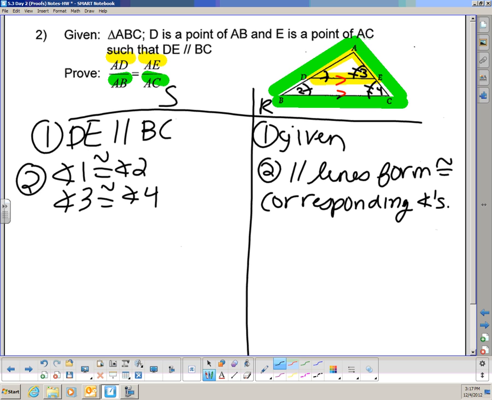That's enough to get you to the triangles being similar, yellow and green. Just one thing to note, you also have a reflexive angle. If you didn't see it already, it's right here at A. So you could have snuck in angle A is congruent to angle A in place of one of the correspondings. By vertical angles are congruent.